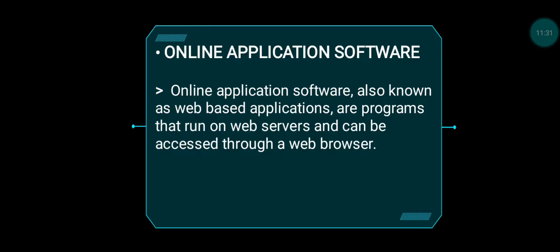The users can access them through a web browser from any device with an internet connection. Example is Google Documents, an online application that allows users to create, edit, and share documents directly in a web browser without installing any software.